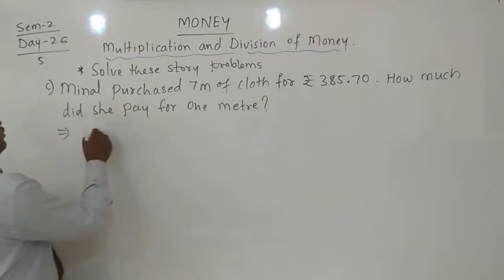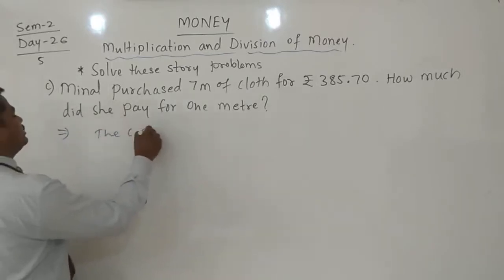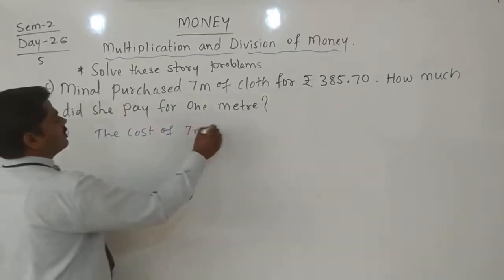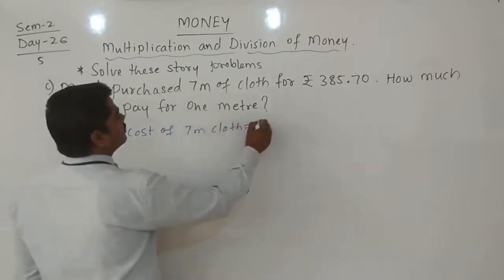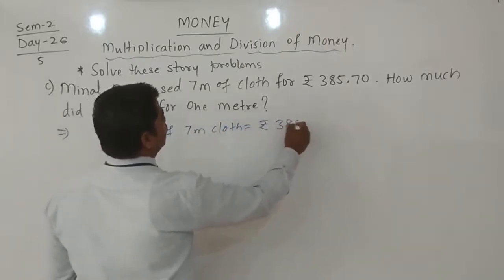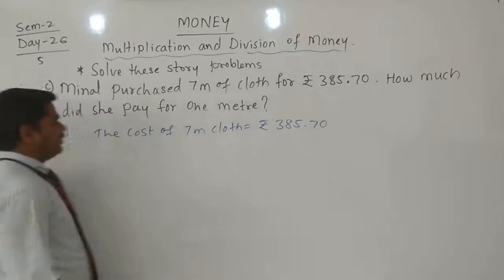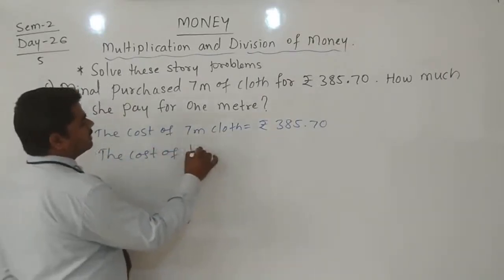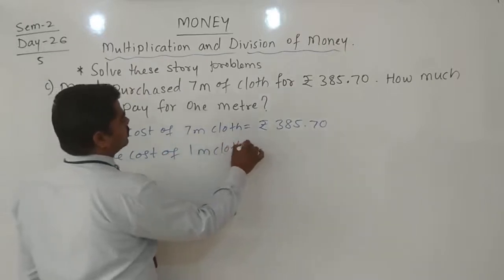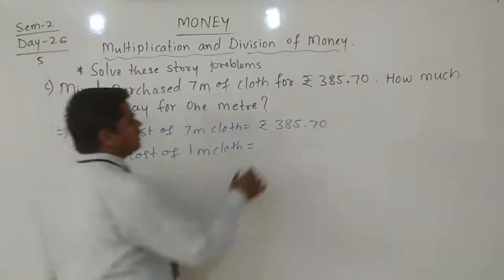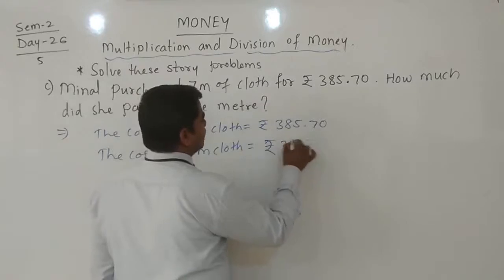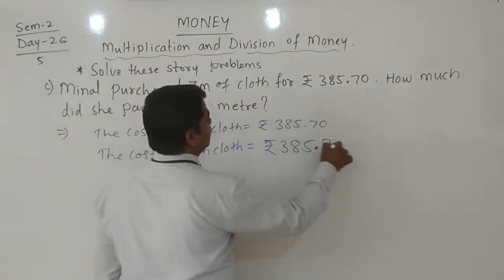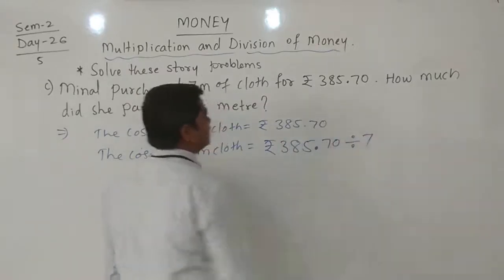Then the cost of 7 meters of cloth is equal to rupees 385.70. Then find the cost of 1 meter of cloth. What is the cost of 1 meter of cloth? Then write 385.70 divided by 7.